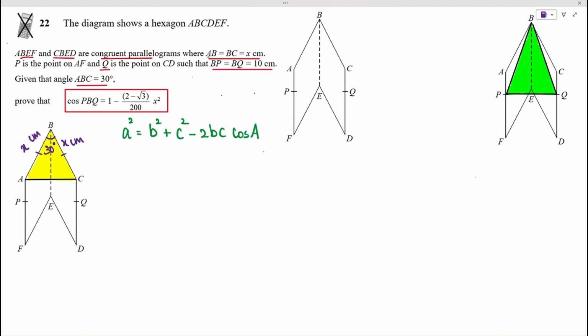So our a squared value is going to be AC squared.